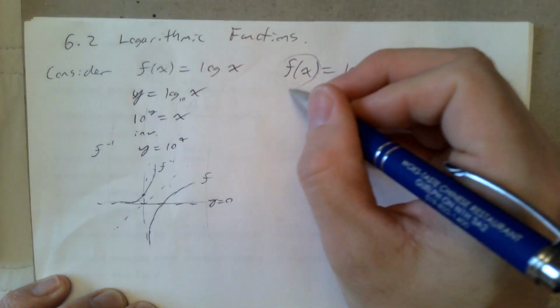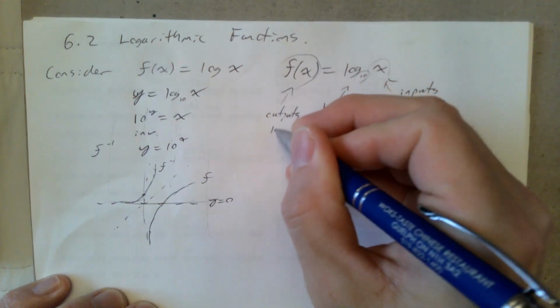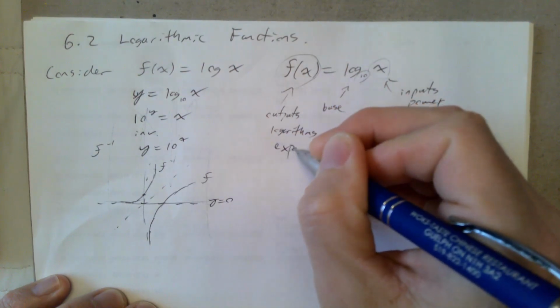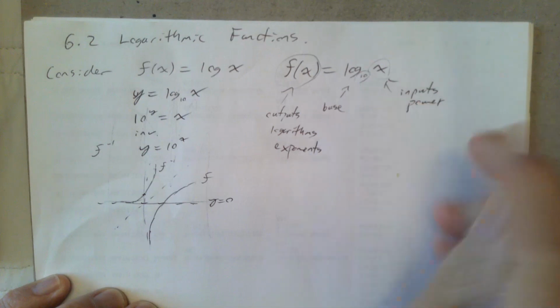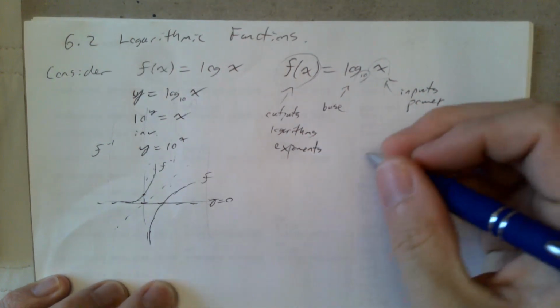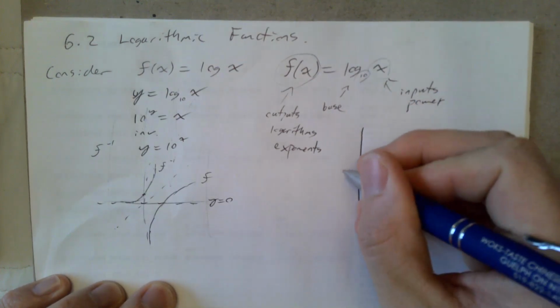And our outputs are logarithms, and logarithms are exponents, not powers. We need to know the difference between an exponent and a power. So try very, very hard to reason through this.